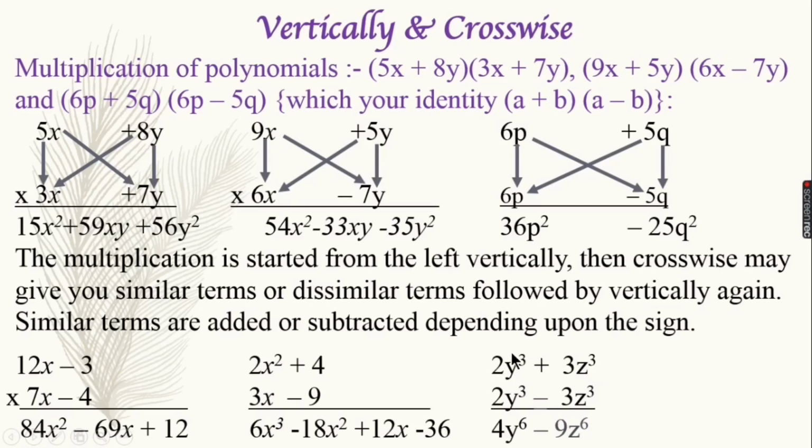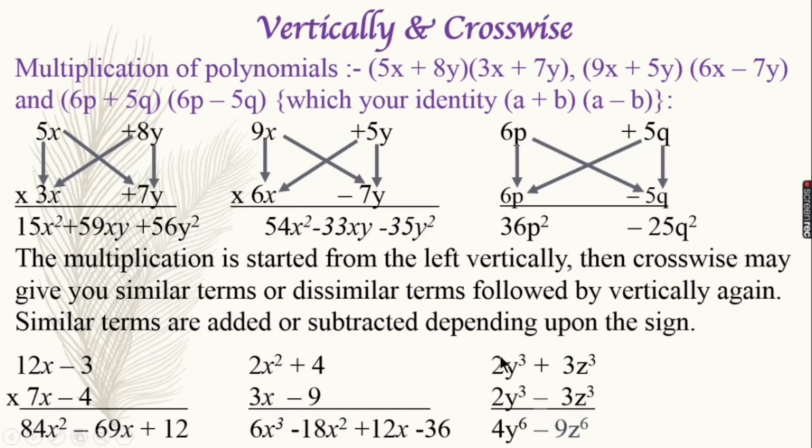Here is another example of a cubic values two variable a plus b type equation, and what we get here is 2 into 2 is 4, y3 into y3, the powers are added, so it becomes y6.